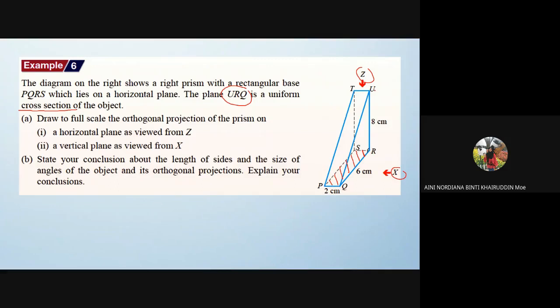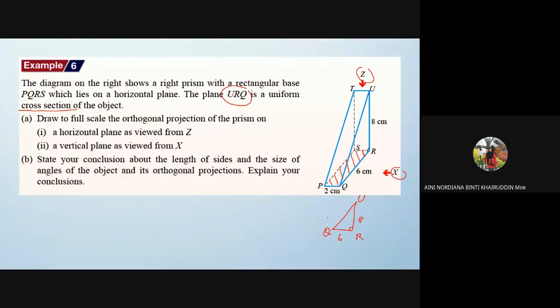Because the length of UQ, if you calculate, since this is a right angle triangle, let's say this is UQR. Okay, UR is 8, QR is 6. So what is the length of QU?